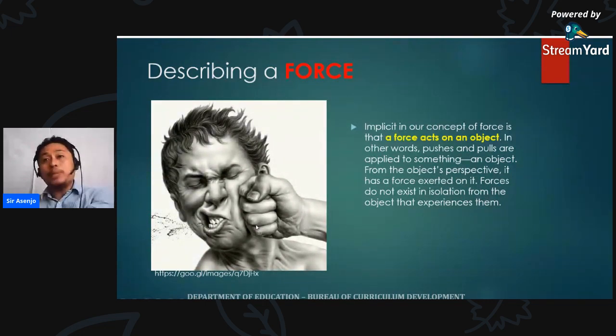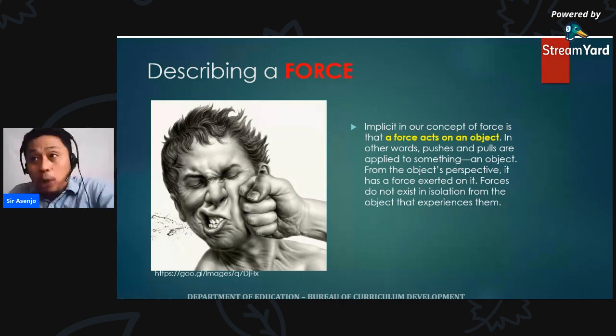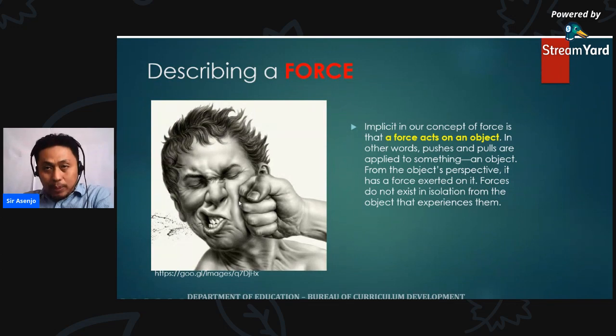That means the force from the fist does not exist alone. It hits the face of the man. That means they are interconnected. From the object's perspective, which is the face of the man, it has a force exerted on it by the fist.